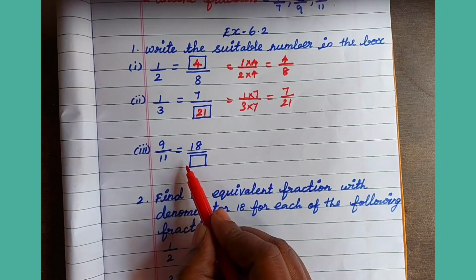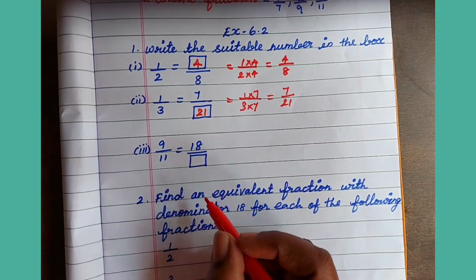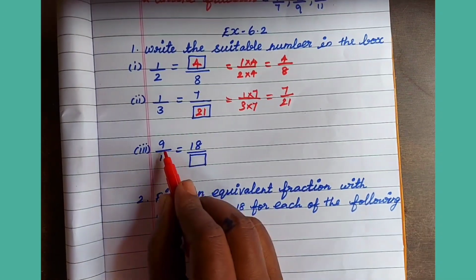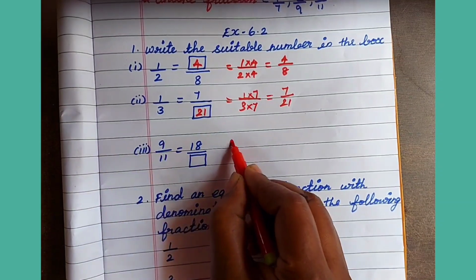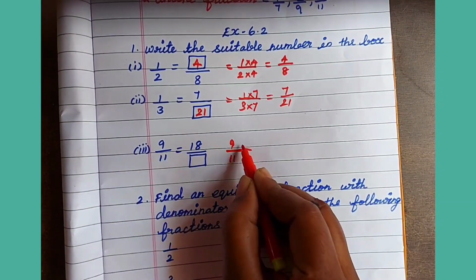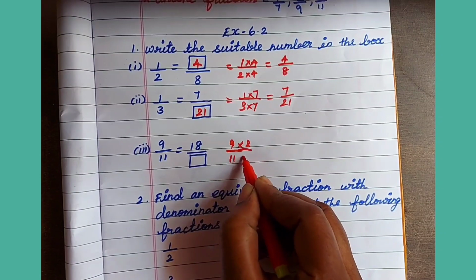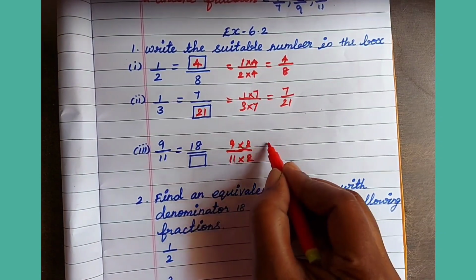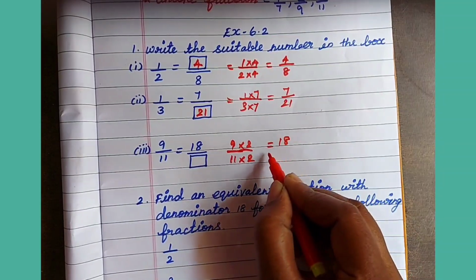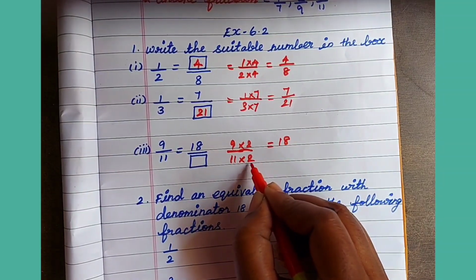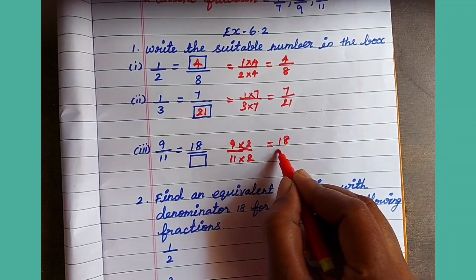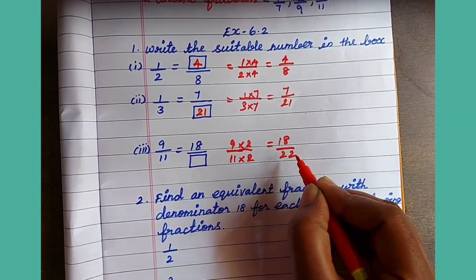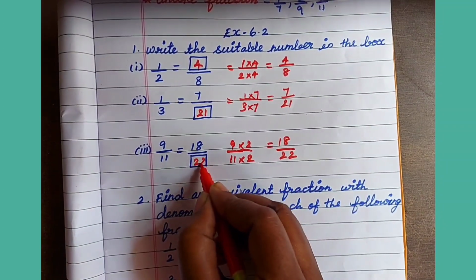So multiply the numerator value 9 by 2. 9 2s are 18 we get. Again multiply by 2, 11 2s are 22. So the answer is 22.